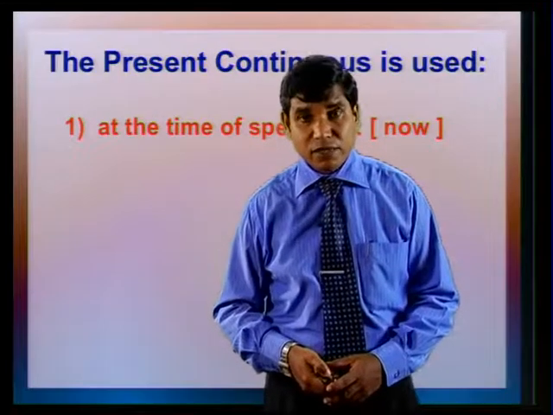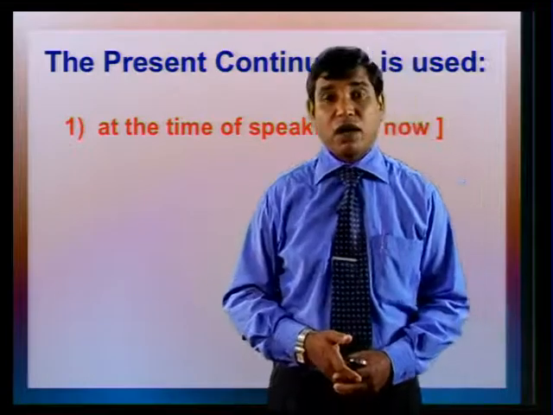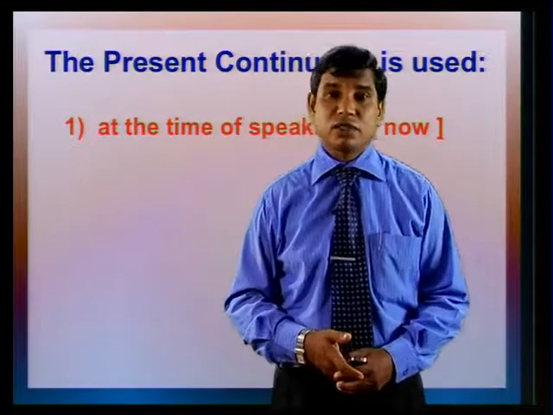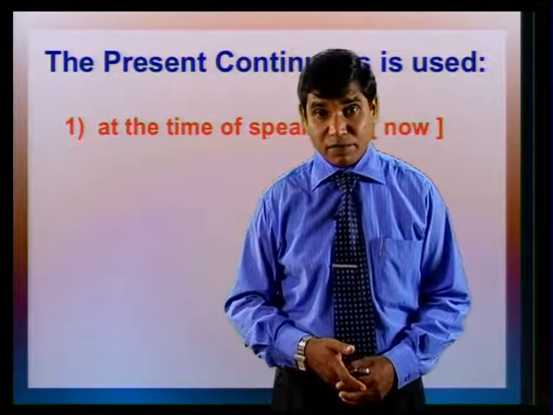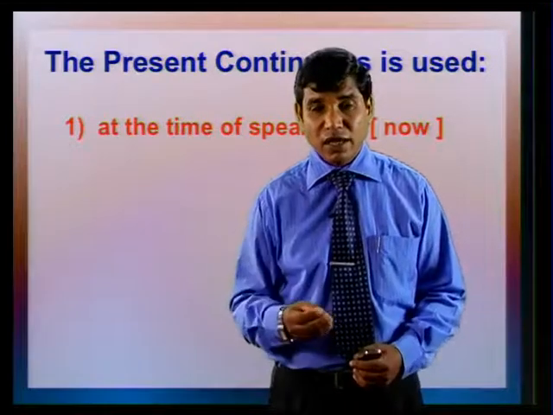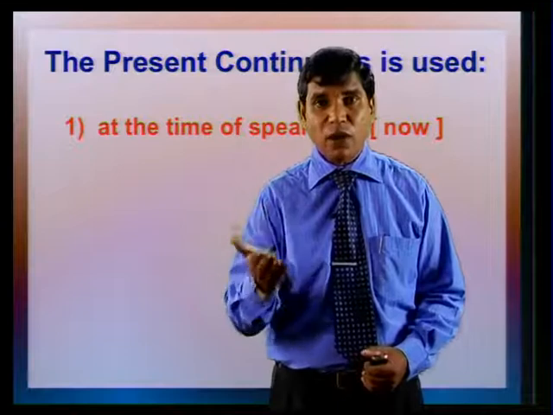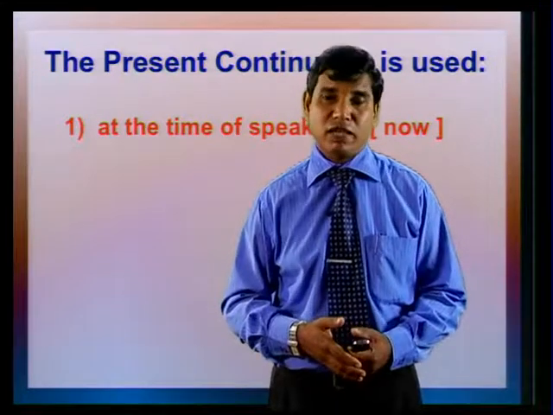Now we'll discuss some other important points of using present continuous. The present continuous is used basically at the time of speaking. So when you want to say the action is happening now at the time of speaking. Now look here, I'm speaking.